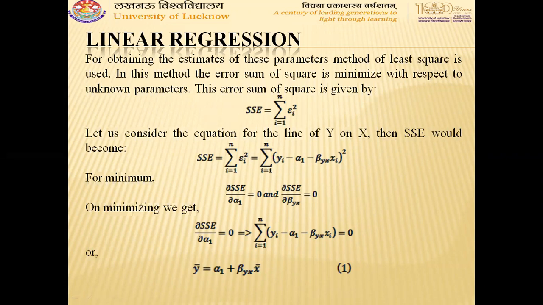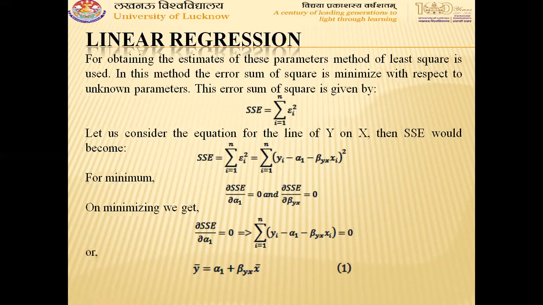And for the minimum, its partial derivatives with respect to alpha 1 and beta yx should be 0. That is, del SSE upon del alpha 1 is equal to 0 and del SSE upon del beta yx is equal to 0.